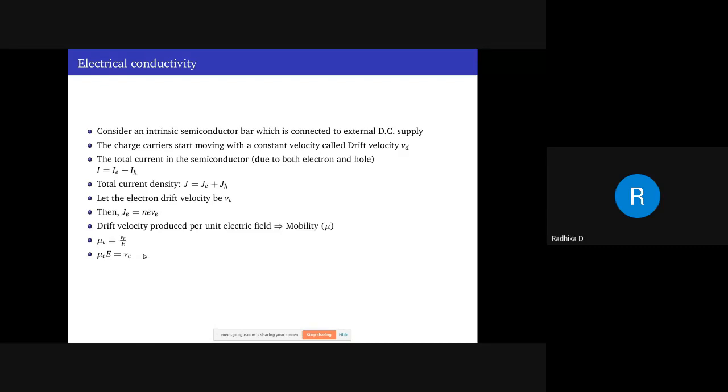What did I do this for? I can replace VE in this expression for current density of electron. So current density becomes N e, which remains as it is. Instead of the velocity, you are going to write mobility multiplied by electric field. N e mu E into E.